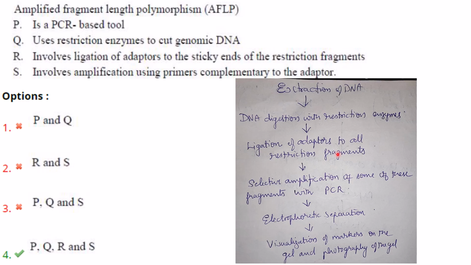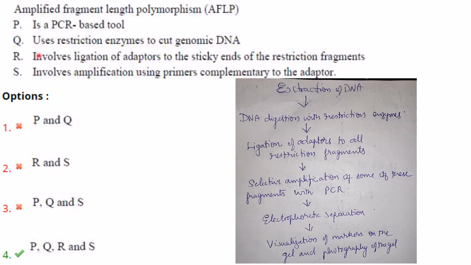These are ligated to the ends of the restriction fragments. Then you selectively amplify some of these fragments with PCR. When you are conducting PCR, you will design primers for the adapters, and you do the amplification by PCR. Then you separate them with electrophoresis, visualize the markers, and photograph the gel, etc.